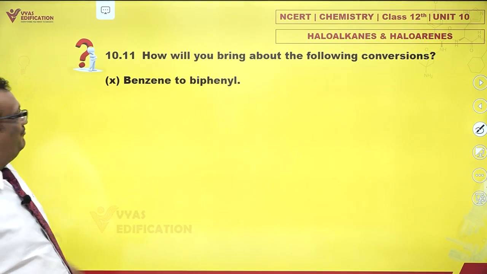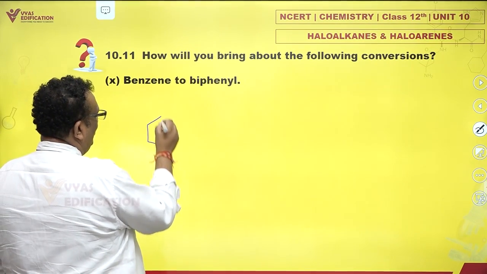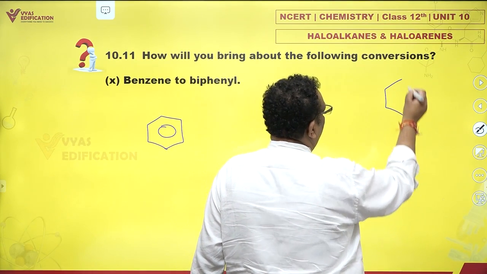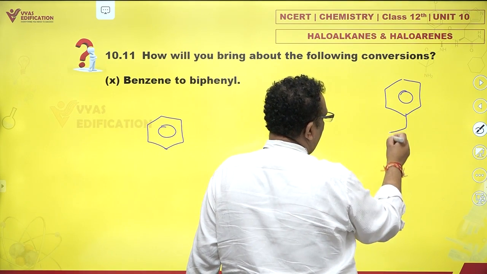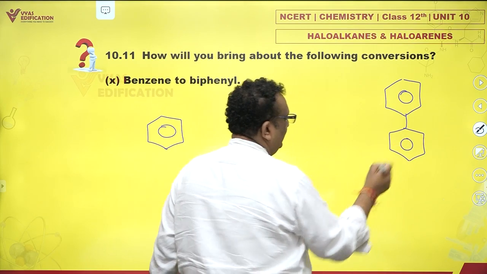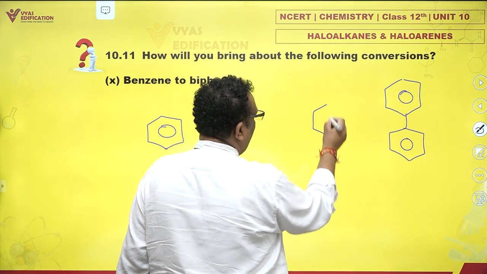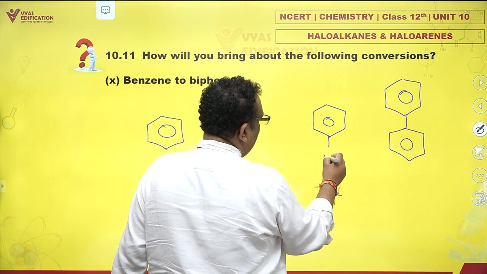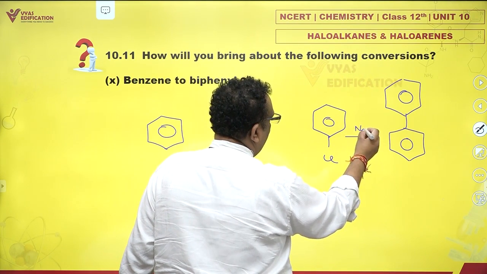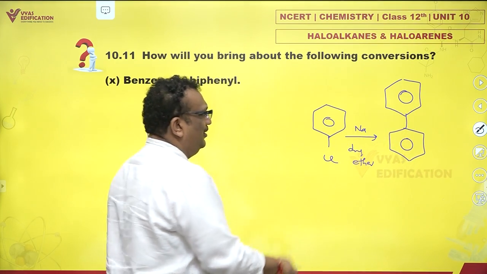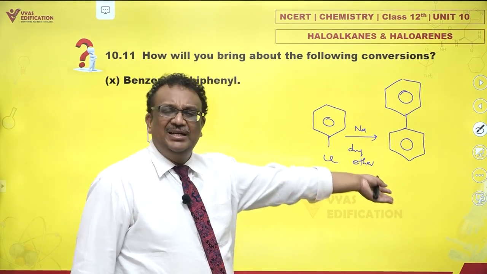Benzene to biphenyl, very similar. You have benzene, yes. And if you want biphenyl, what is biphenyl? This is biphenyl. How can I get biphenyl? I use the Wurtz-Fittig reaction. If I have chlorobenzene and I use sodium in dry ether, NaCl would be removed and this gets coupled.